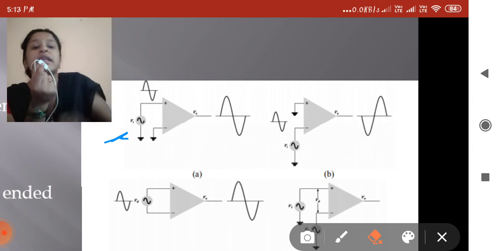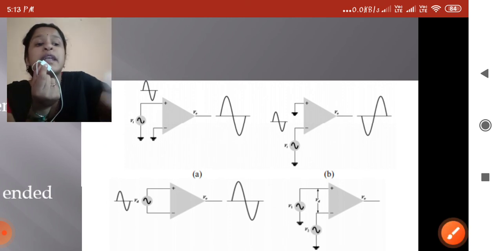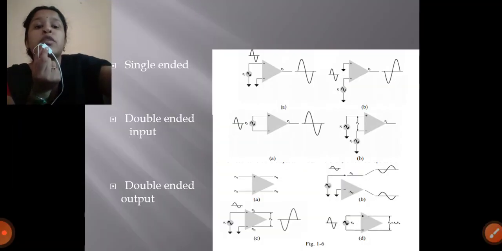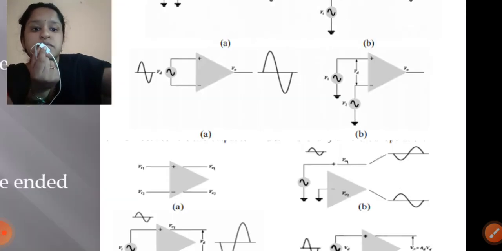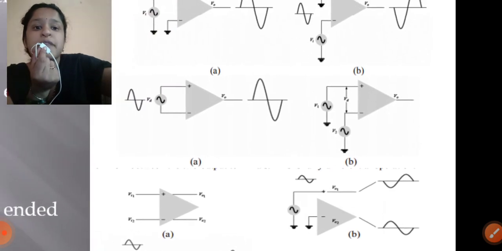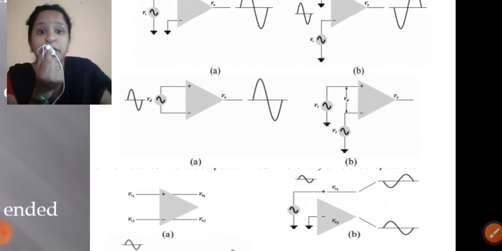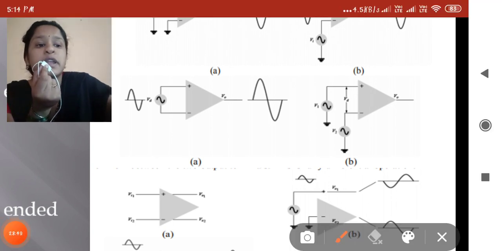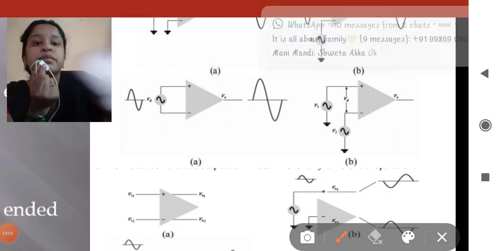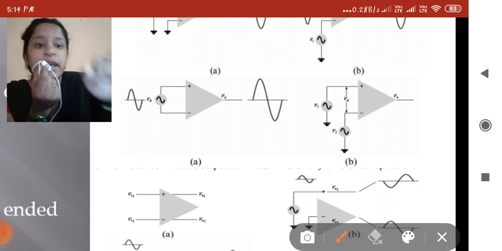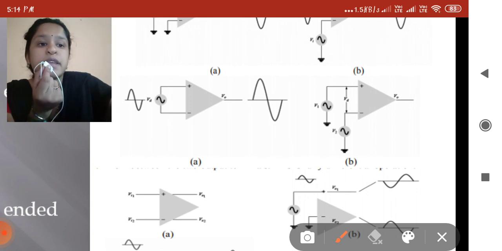And this is called a single-ended input and output. In the double-ended, we can see it like that. In double-ended, the inverting and non-inverting terminals are joined separately, and the signal is there.